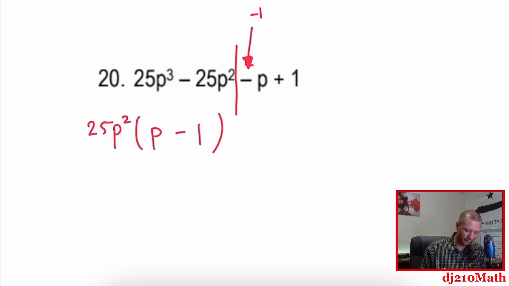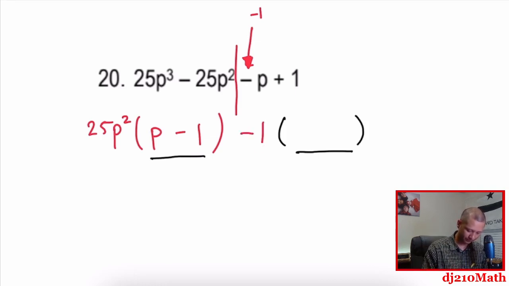And not only that, but looking ahead, for this to work, this p minus 1 needs to show up here. That's the only way factor by grouping works, if they match. So I have to factor out a negative 1. So then what's left behind? Positive p minus 1. That makes sense, because if you distribute it back in, you're going to get negative p plus 1.